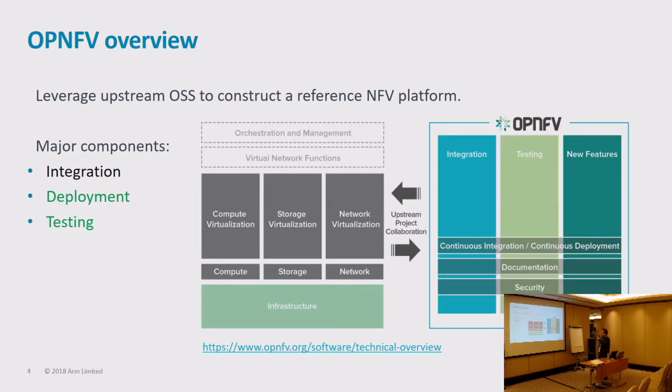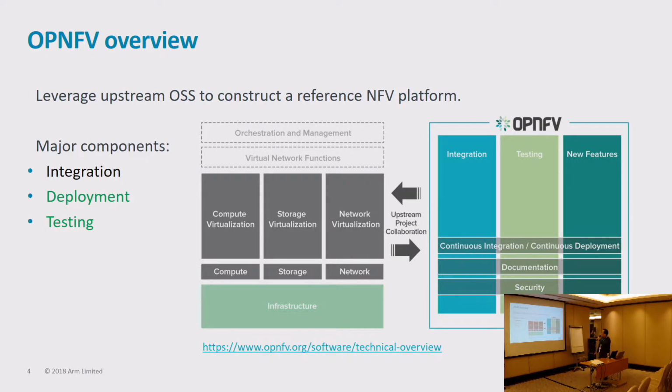First, the OPNFV overview. This is a very brief diagram of what OPNFV is. OPNFV is an open source software community. The purpose of OPNFV is to leverage upstream open source software to construct a reference NFV platform.